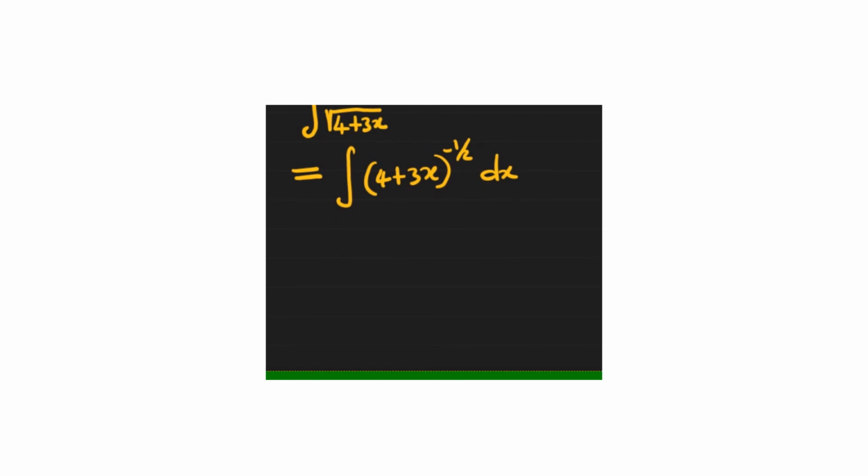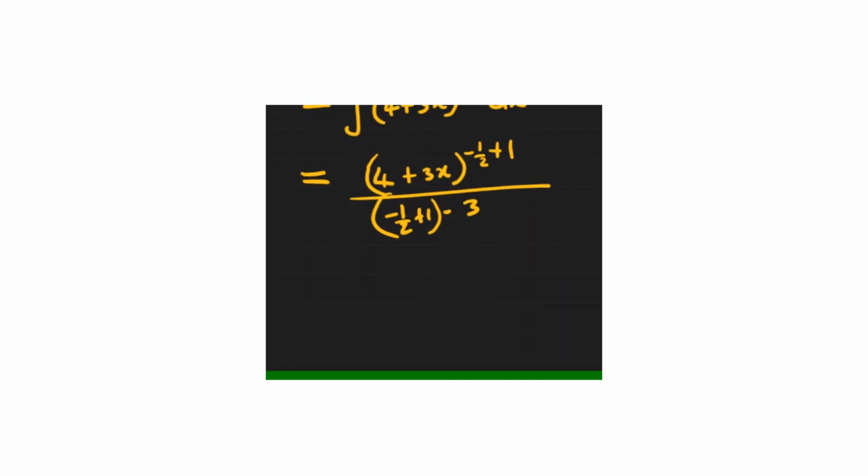Then it equals (4 + 3x) to the power of minus half + 1 all over minus half + 1, multiplied by the derivative of 4 + 3x, which is 3.